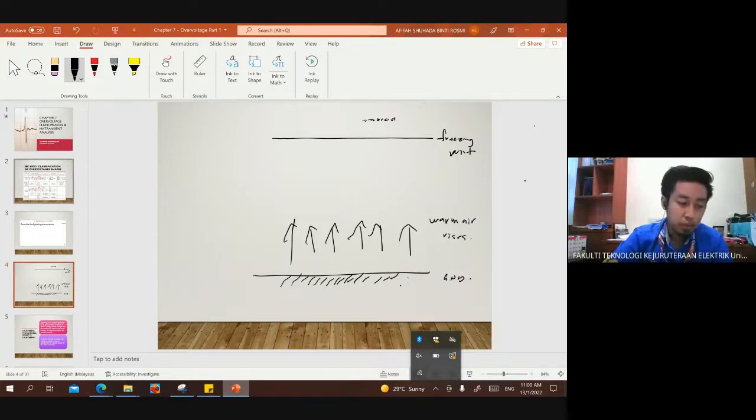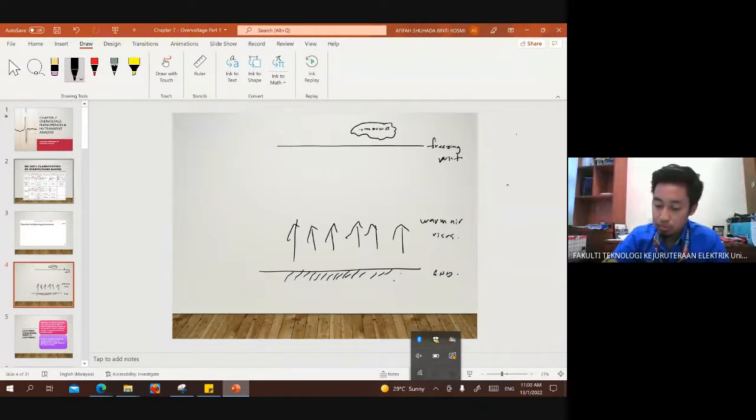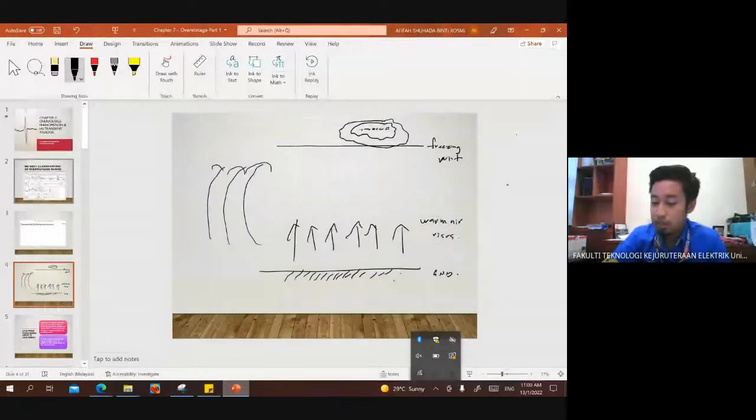So based on this, the vapor of air here will become a small cloud. Inside the cloud, during this long process, the cloud will become larger.